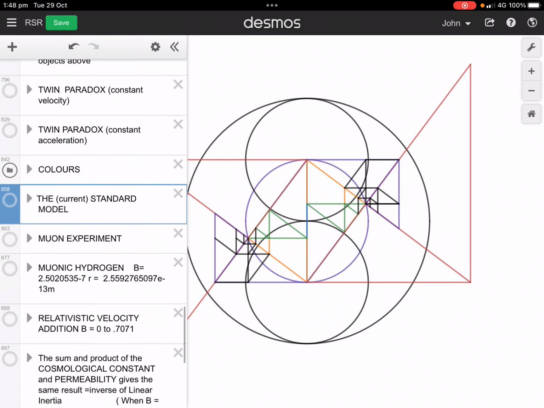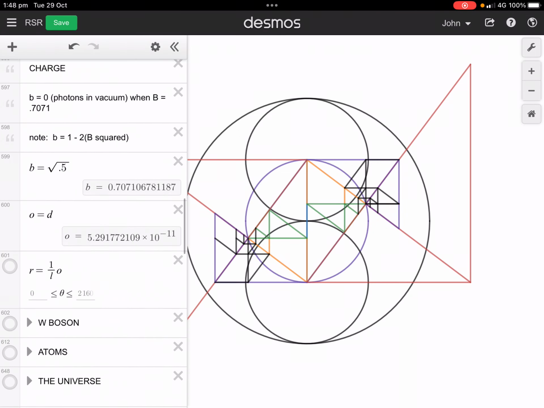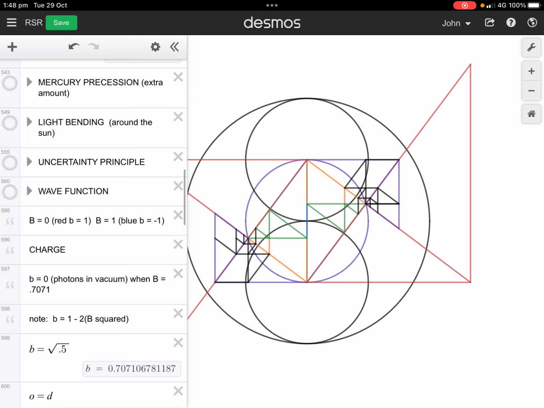What else? And then I'm going to upload this version because it's got extra stuff in there.